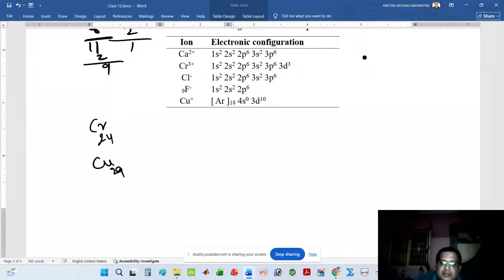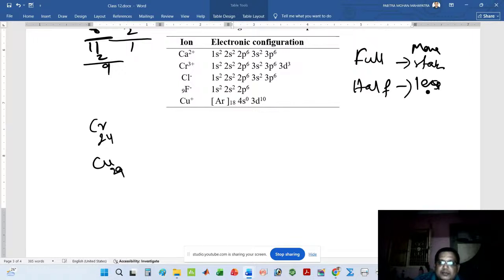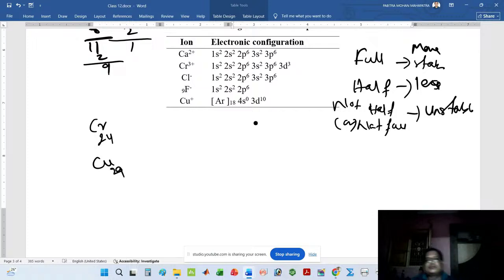Recently I gave a suggestion: fulfilled is more stable, half filled is less stable but stable, and not half filled, not fulfilled is unstable.